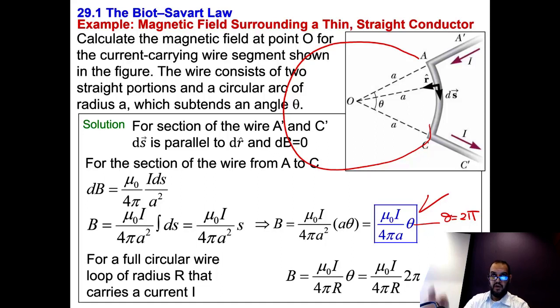So if you have a full circular loop and you know the radius, you can determine the magnetic field at the center by using this equation, mu 0 times the current divided by 2 times the radius.